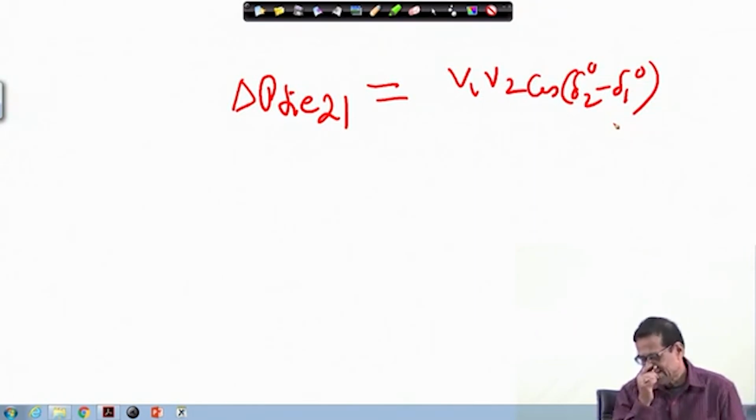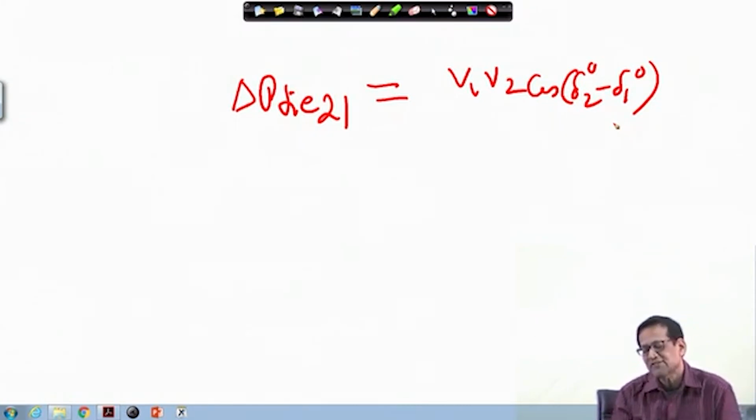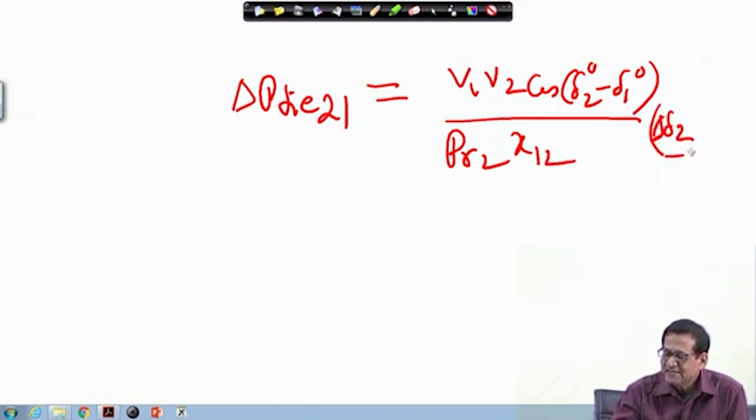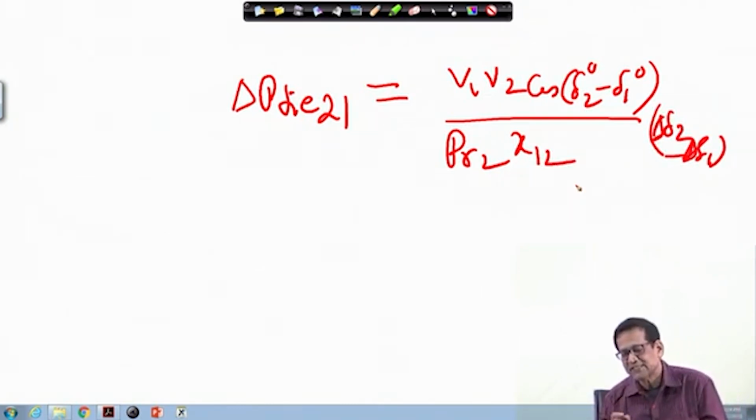In fact, cos(−θ) is equal to cos θ, so cos(δ2^0 − δ1^0) or cos(δ1^0 − δ2^0) is the same. Divided by PR2 and X12, and on this side it will be Δδ2 − Δδ1, because it is 2 to 1.